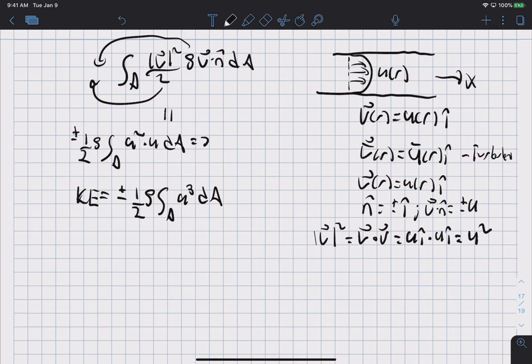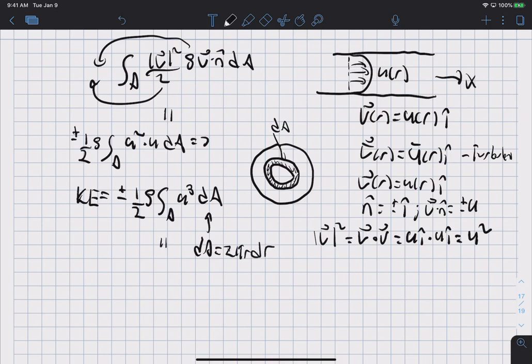Okay, and now we are integrating a pipe, and the flow is axisymmetric. So our dA are just these little rings here, like we've always had. So dA equals 2 pi r dr.